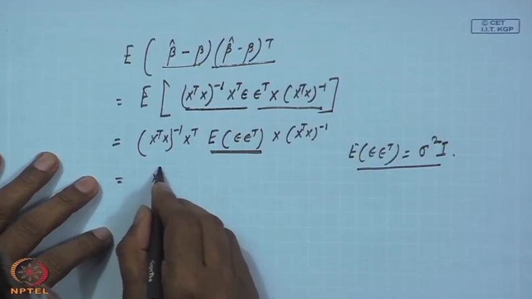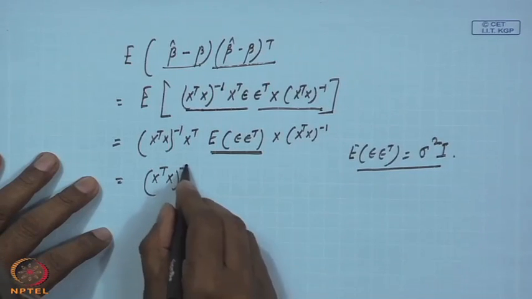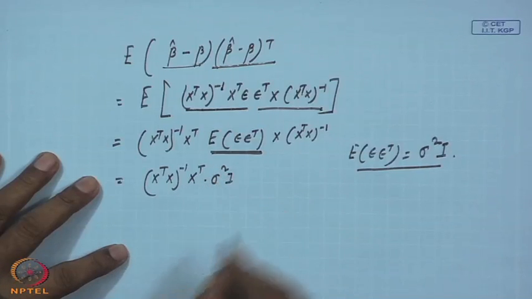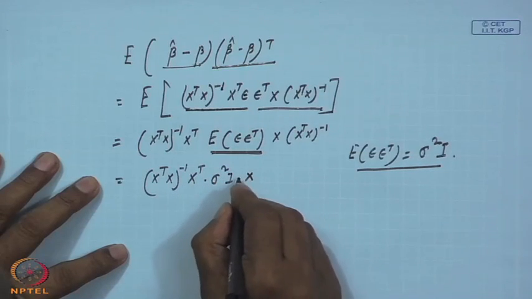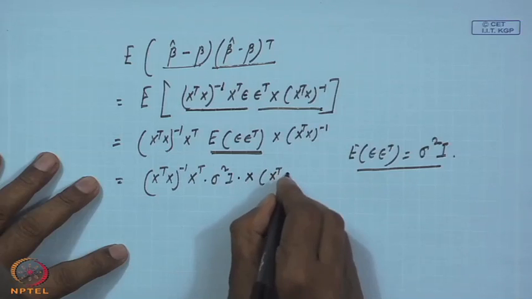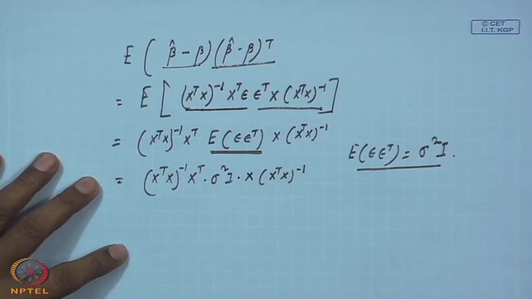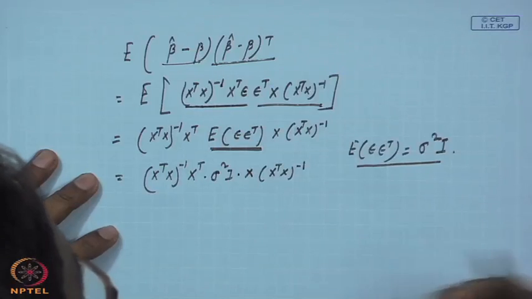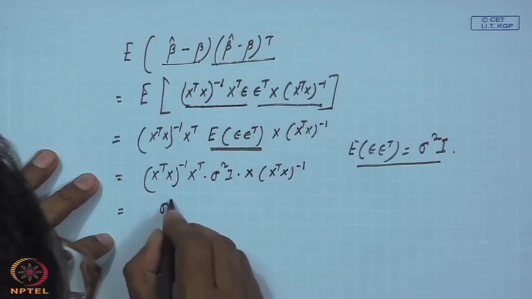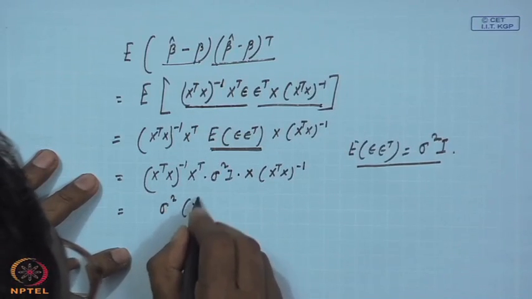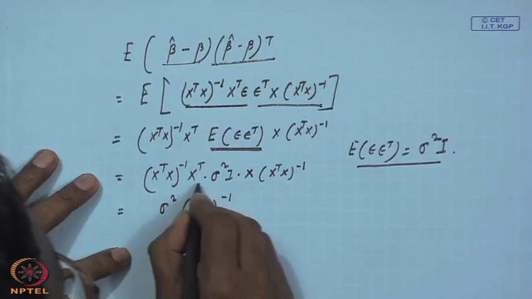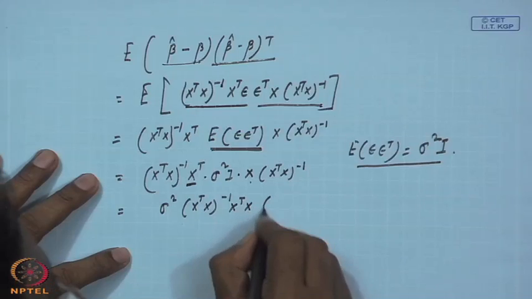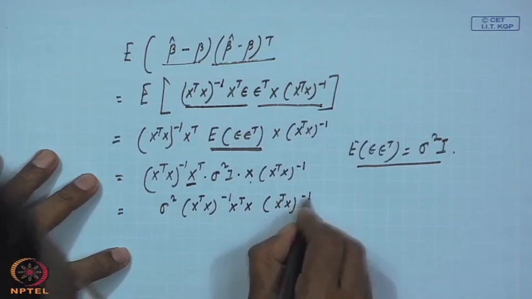So, this quantity will become x transpose x inverse x transpose sigma square I x into x transpose x inverse. Now, sigma square is constant, I is the identity matrix, so that will go. Finally, it will be like this: sigma square times x transpose x inverse, x transpose, one more x, then x transpose x inverse.